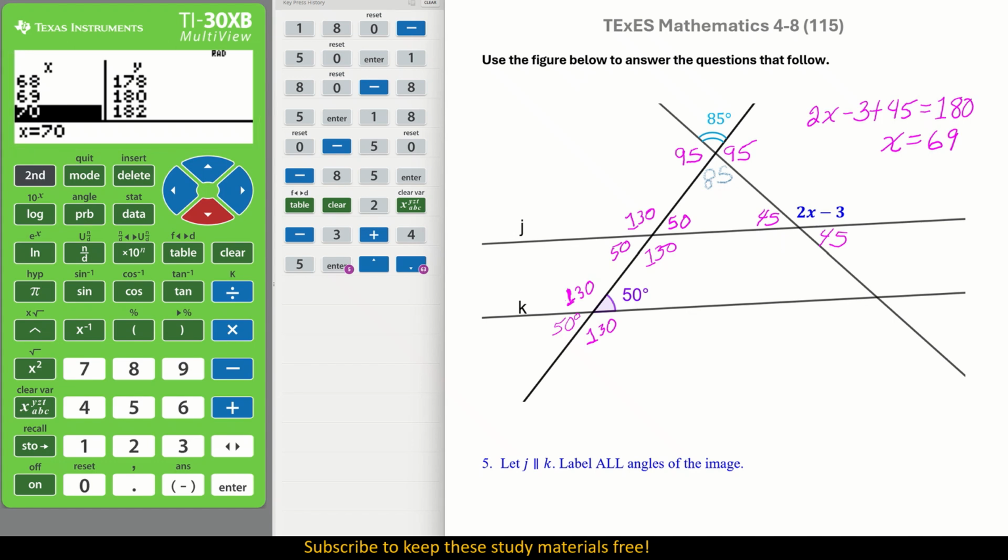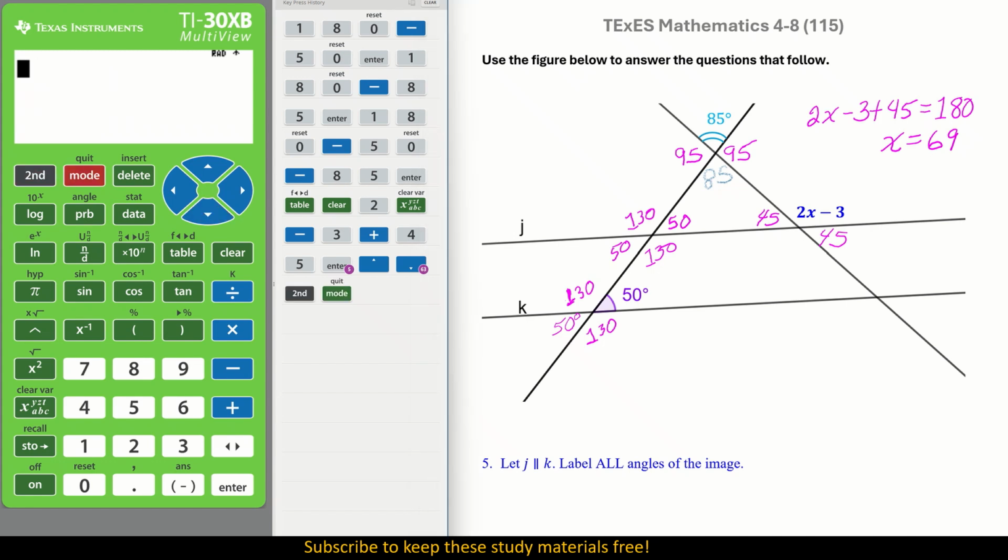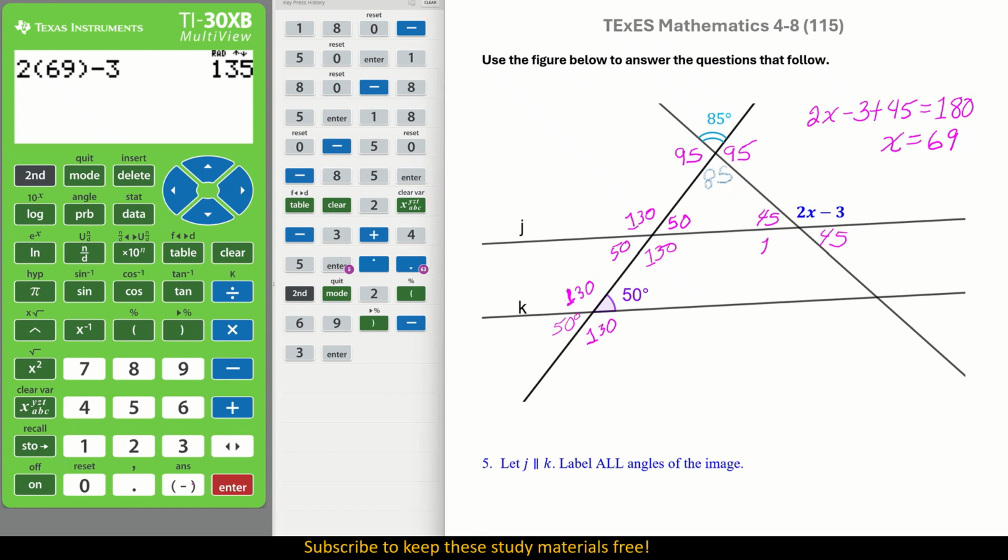Okay, so how do we get our value there? Well, that's when x equals 69, so we just need to substitute that in. So second mode, and I'm going to say 2 in parentheses 6, 9, close parentheses minus 3, press enter. Okay, that is 135.